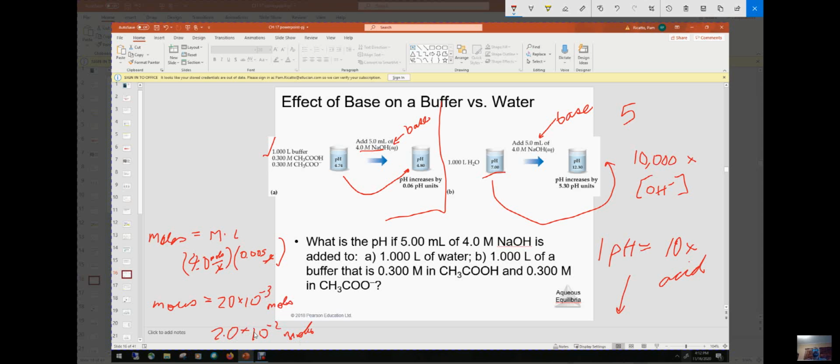Let me check. 4 times 0.005 equals 0.02, which is 2 times 10 to the minus 2. So just adding 2 times 10 to the minus 2 moles of the strong base sodium hydroxide, the buffer hardly moves, but water would go up to pH 12 from pH 7.